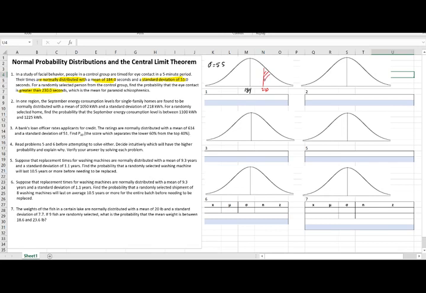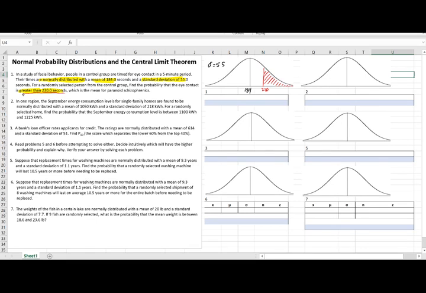Greater than means area to the right. Remember the correlation between area and probability when we're dealing with continuous probability distributions. So the probability that x is greater than 230 will be that area shaded in red.